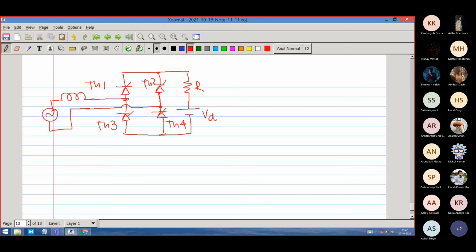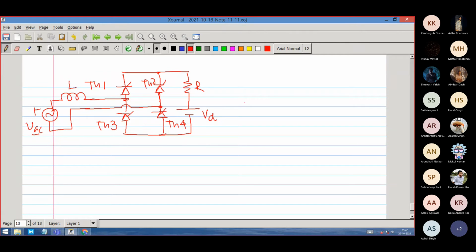Anybody? Any insight? Think of both things, CCM, DCM. Whenever this sort of question is asked, you should think whether it is CCM or DCM. So what will you think here? CCM or DCM? Let us think DCM first. Suppose it is in DCM. What difference will it make?